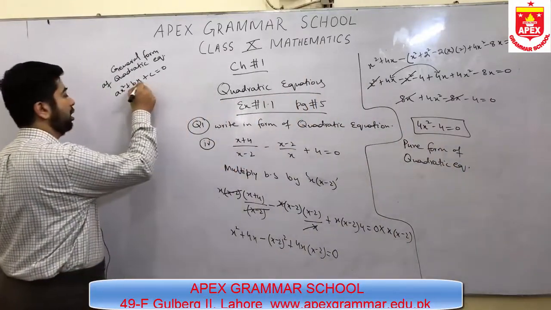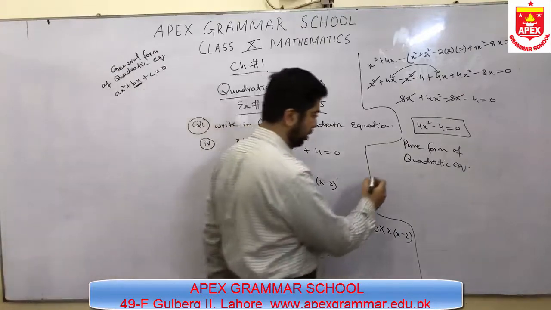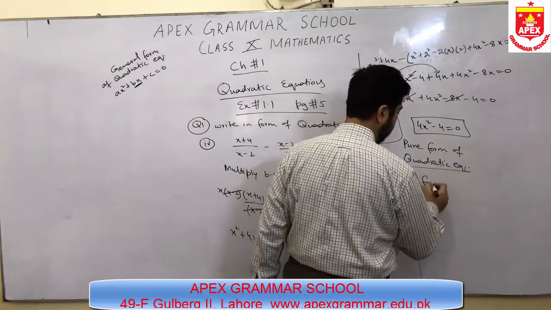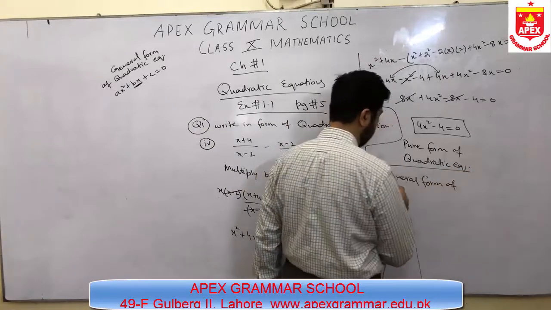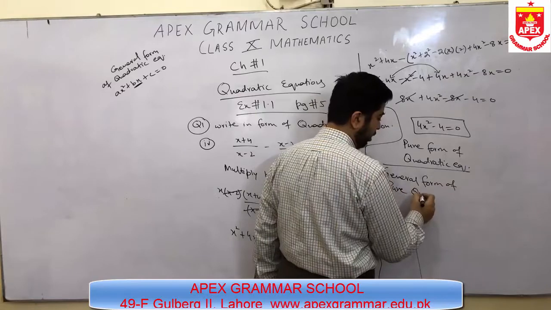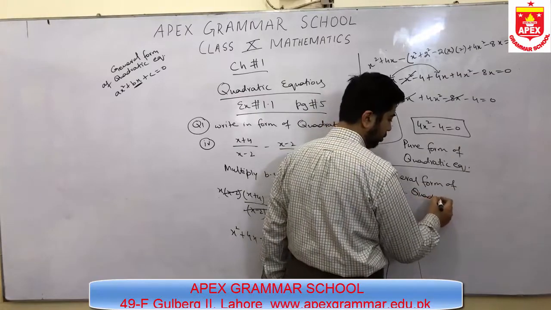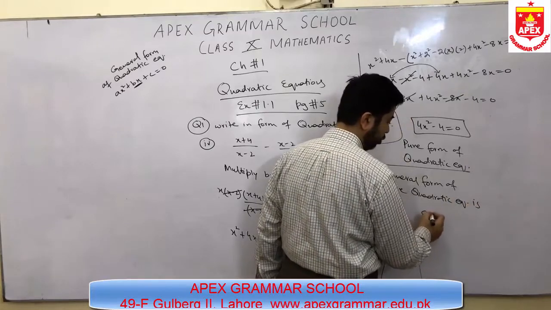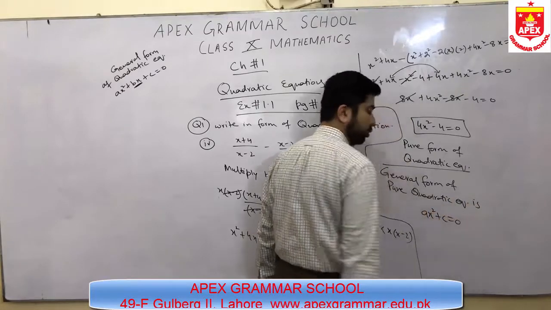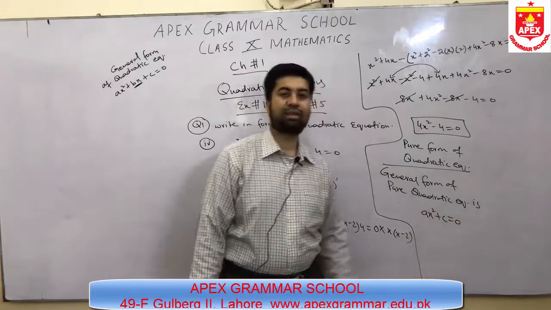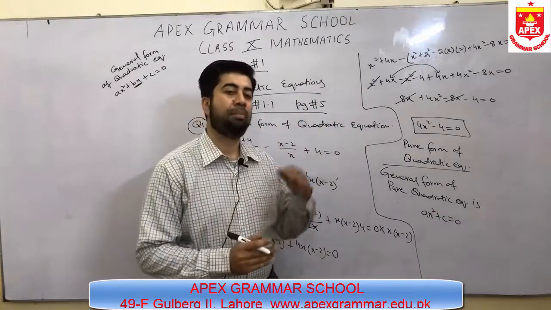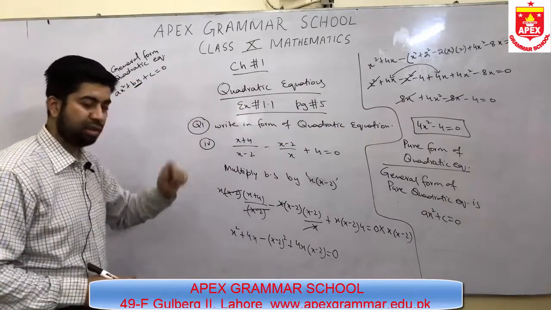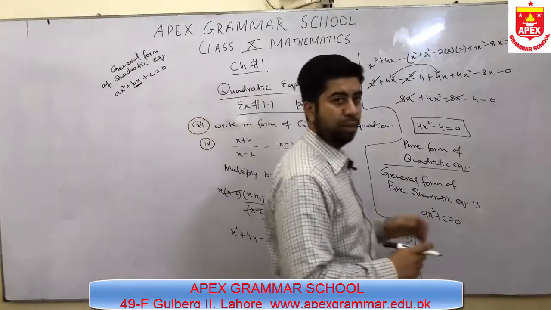The general form of a pure quadratic equation is ax square plus c is equal to 0. Here you can see that bx, meaning x raised to power 1, is missing. So this is the pure form of quadratic equation.